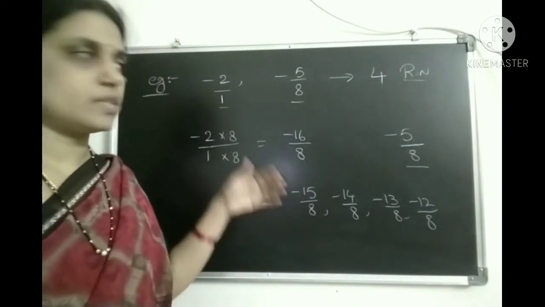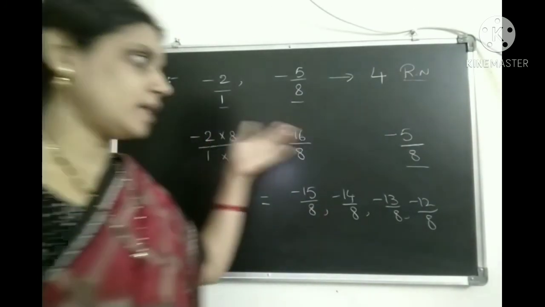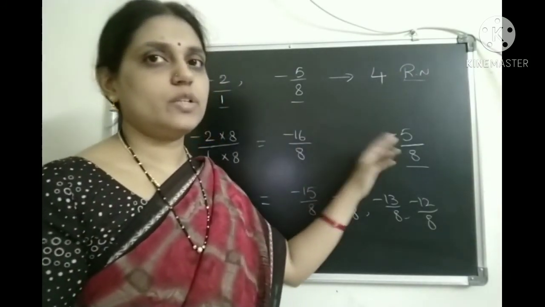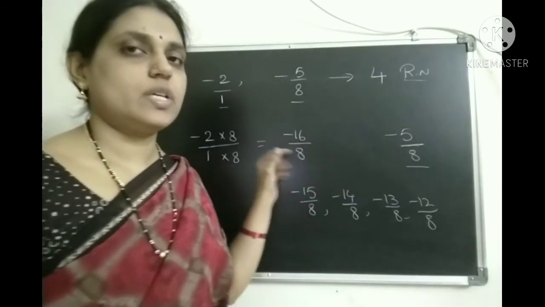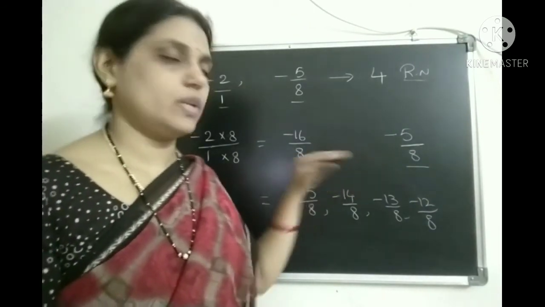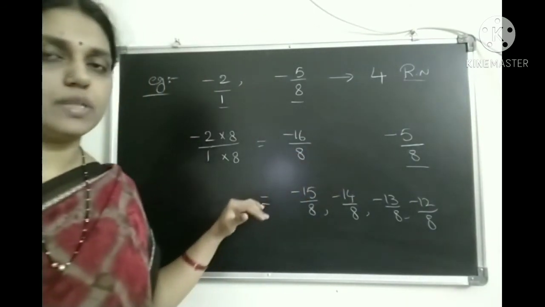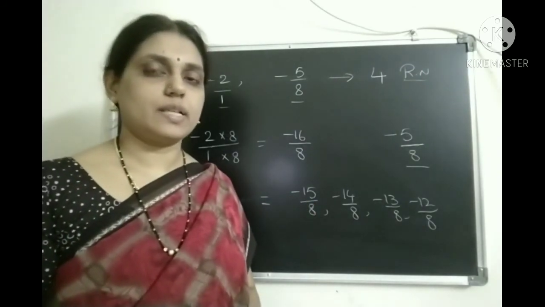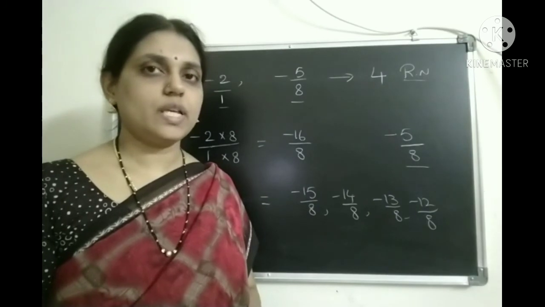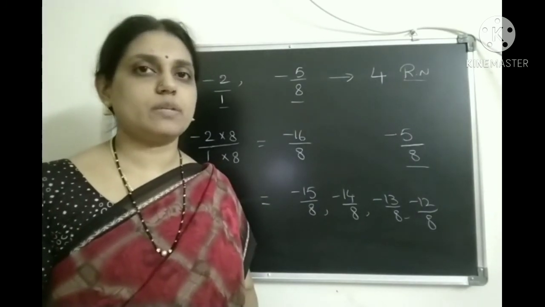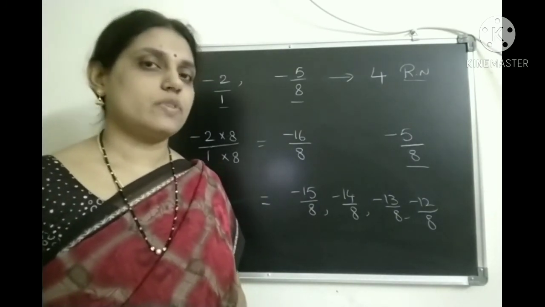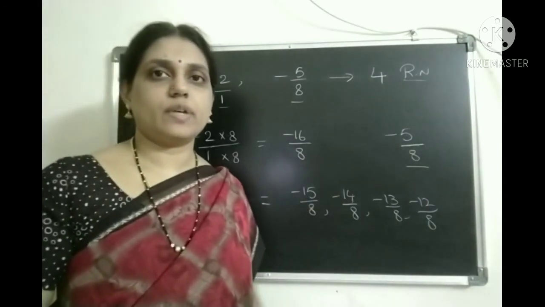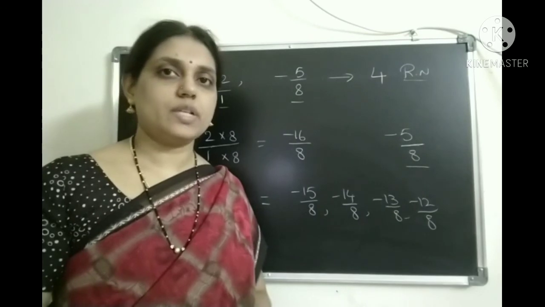This is one of the methods: take the LCM, make them like rational numbers, then change the numerators and write with the same denominator. The mean method is also there, but at a time we get only one rational number in the mean method. That is why mostly we follow this method. Hope you understood how to find rational numbers between rational numbers.